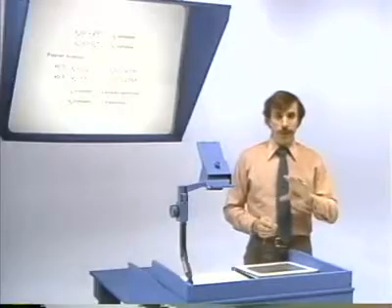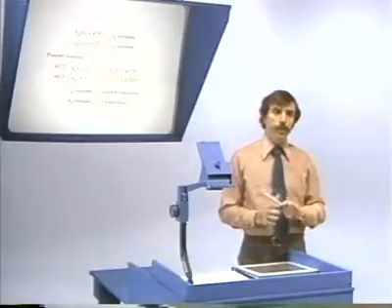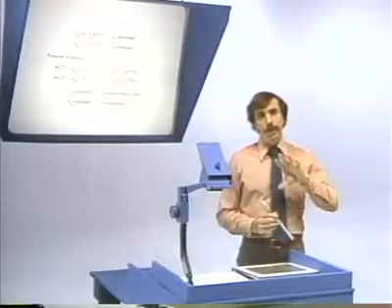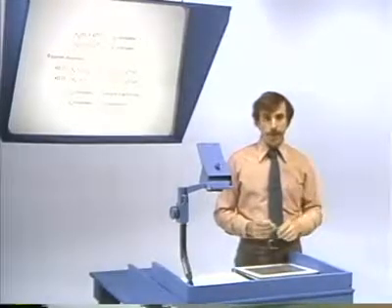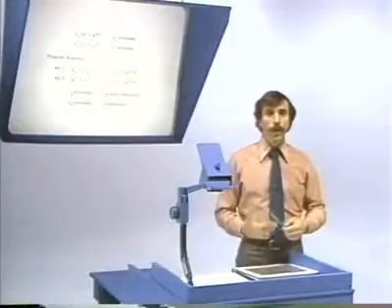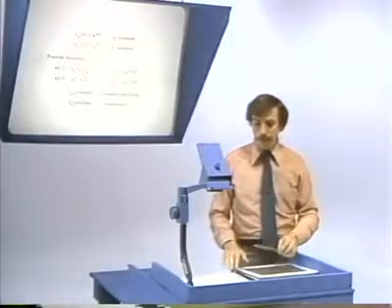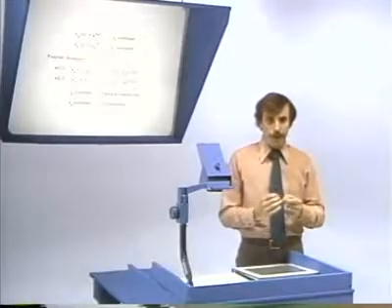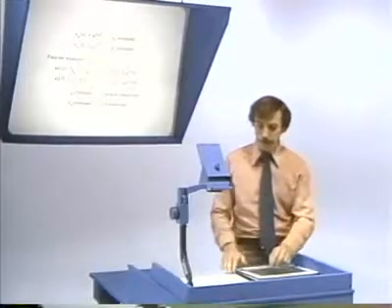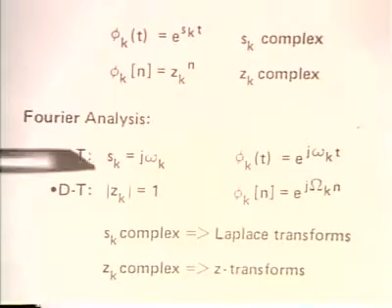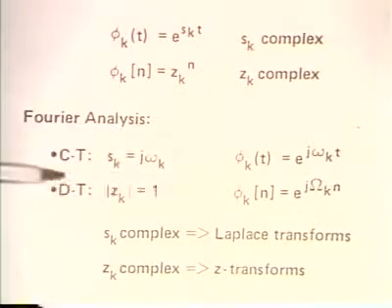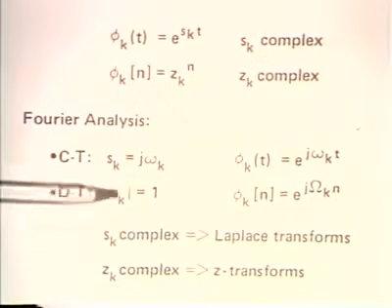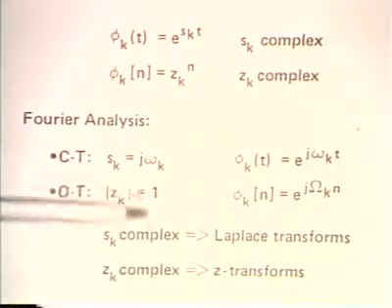Now, in doing this, although we could, in fact, begin with our attention focused on, in general, complex exponentials, what we'll choose to do is first focus on the case in which the exponent in the continuous time case is purely imaginary, as I indicate here, and in the discrete time case where the magnitude of the complex number z sub k is equal to 1.